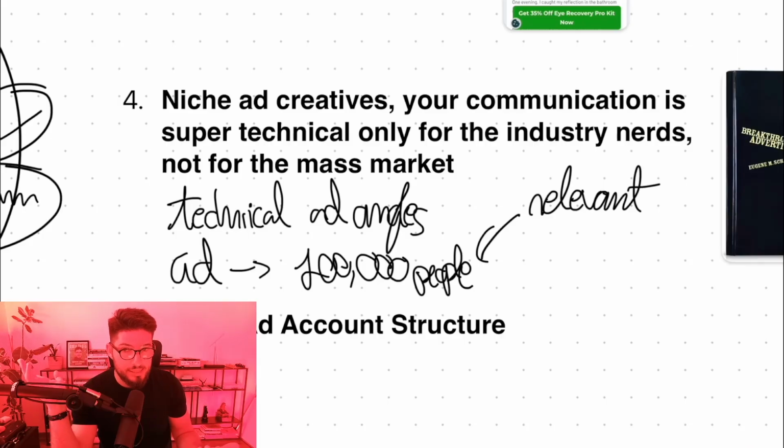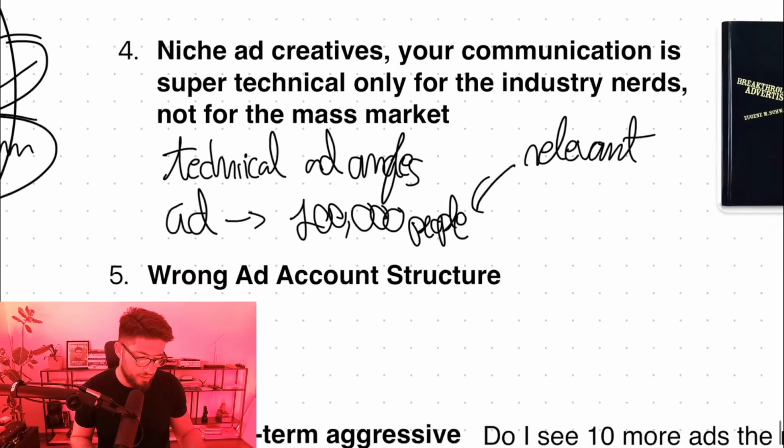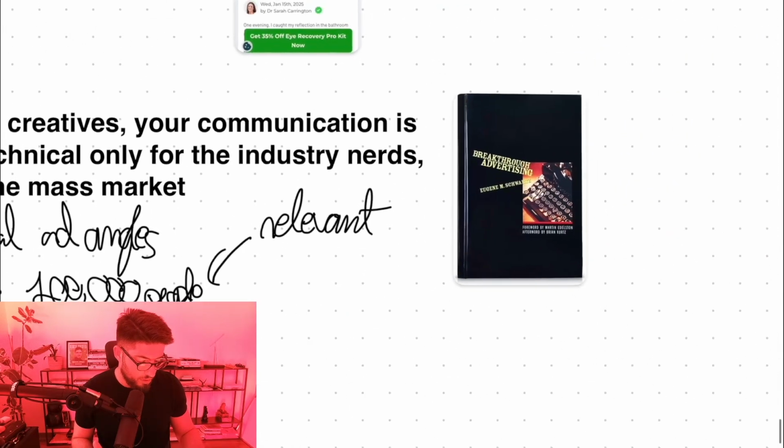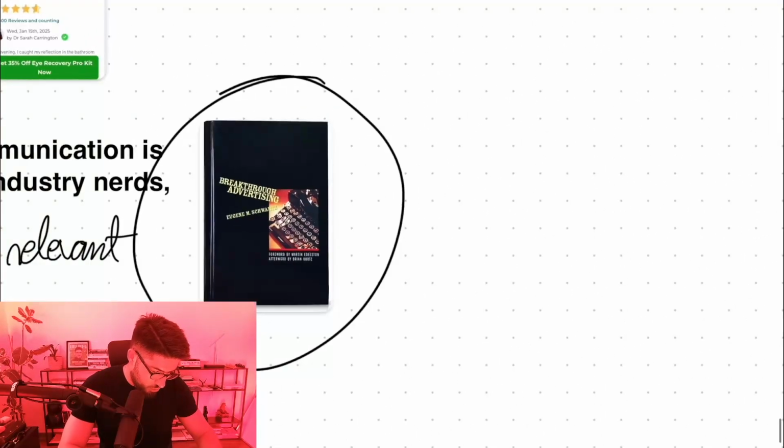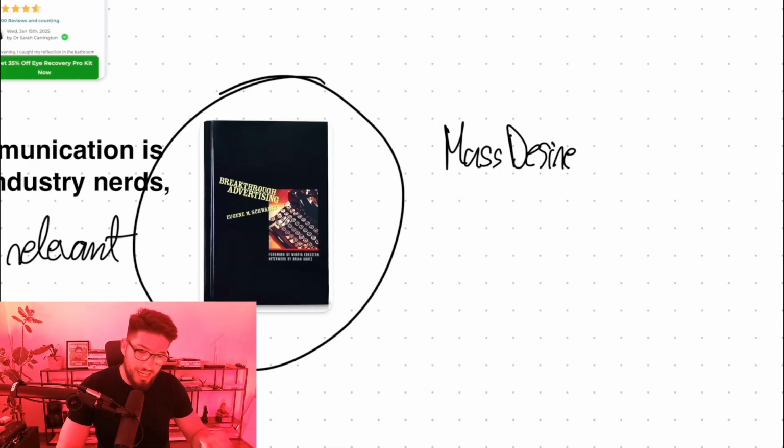Skip. And they will skip. So don't be super technical. If you read this book that I always recommend, you will see that first you wanna appeal to a mass desire, and only then you wanna talk about product features.